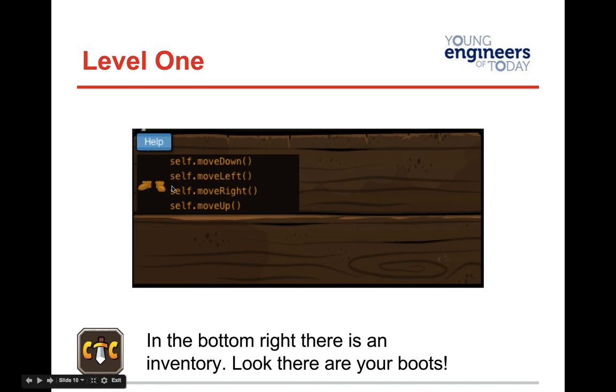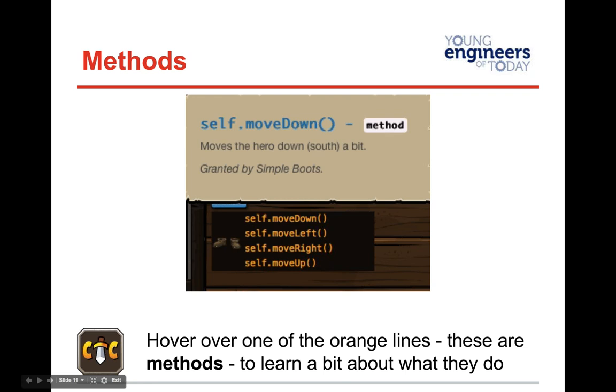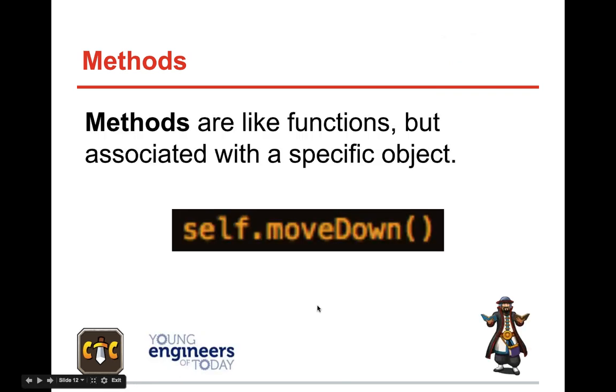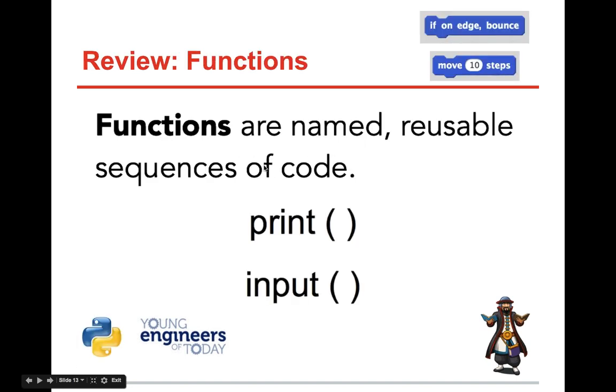And when you start the next level, you're going to see that those boots, down in the bottom right of your screen, give you access to different codes to run. So here, the boots, they're methods. And methods are like a function, but associated with a specific object. And they are essentially named reusable sequences of code.